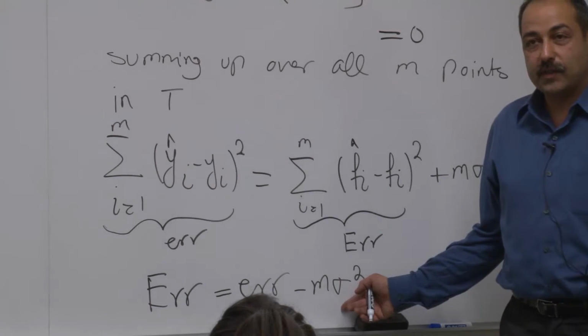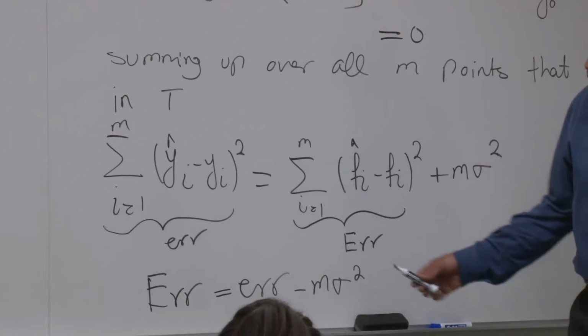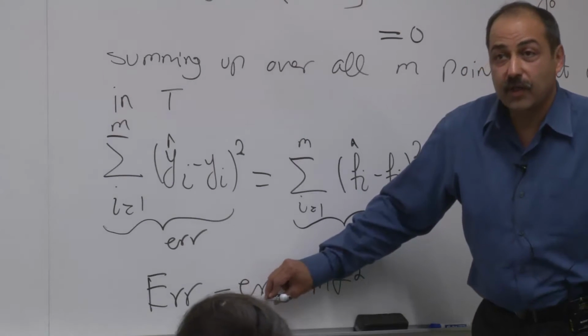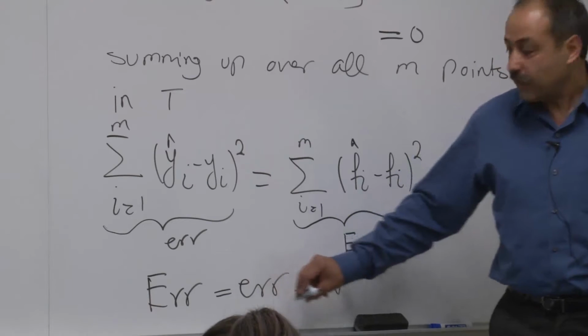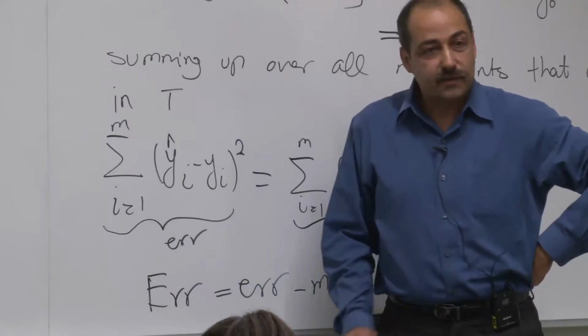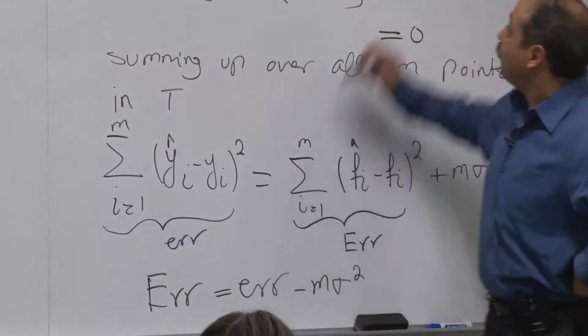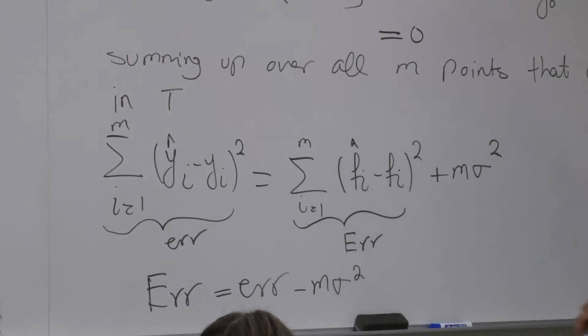It means that the empirical error is a very good estimate of the true error if the point is not in the training set.